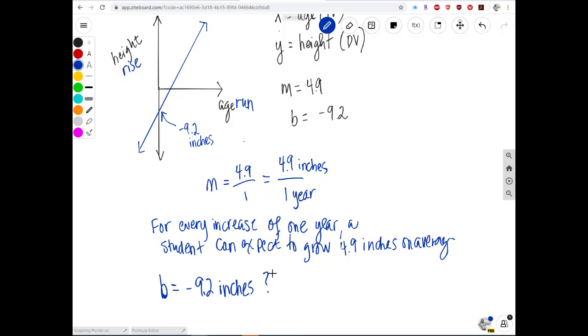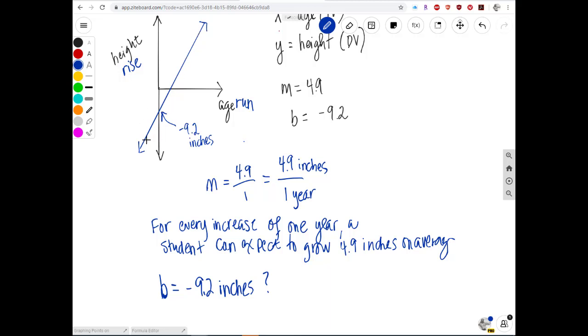You can't like grow into the ground. You can't go negative. So in this case, it's not sensical. You can't say when a student is 0 years old, they are negative 9.2 inches, right? So it really starts at a certain point, and then it increases from there at the slope of 4.9 inches per year.